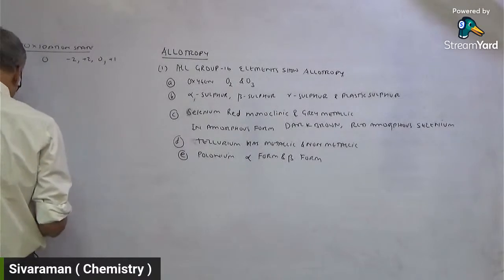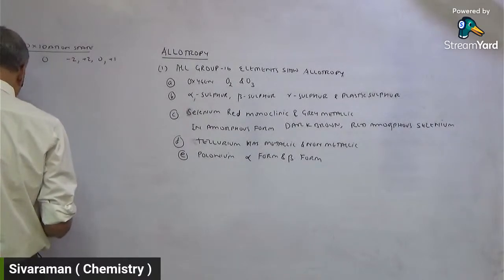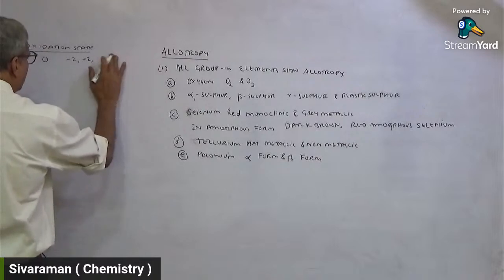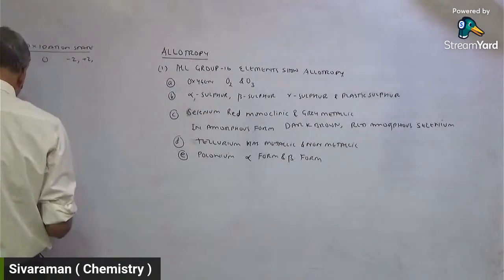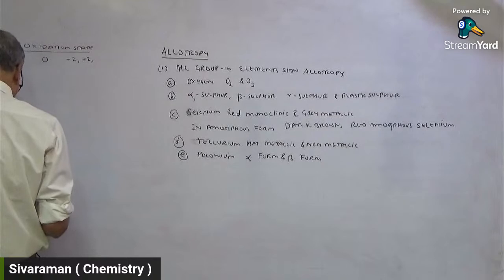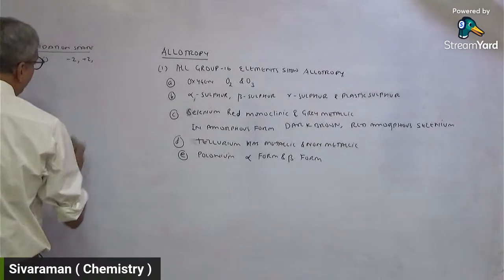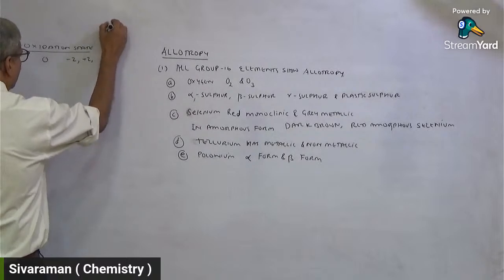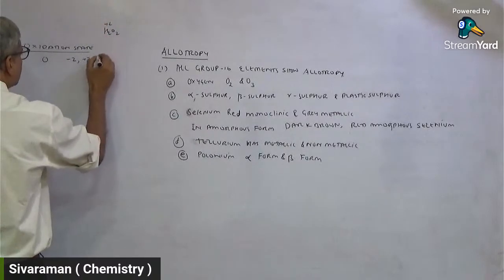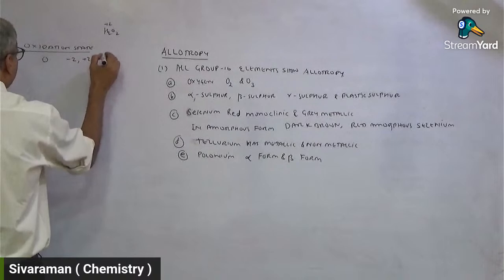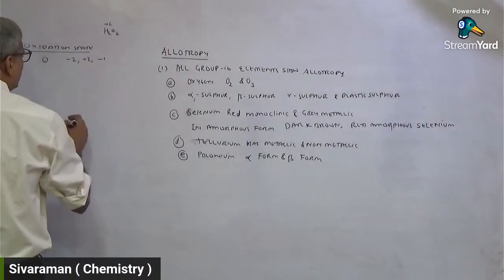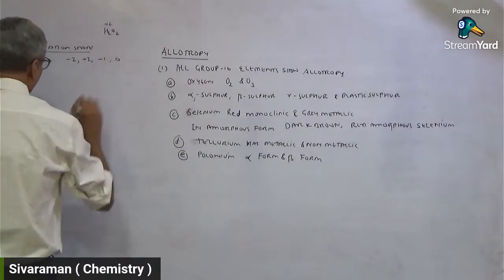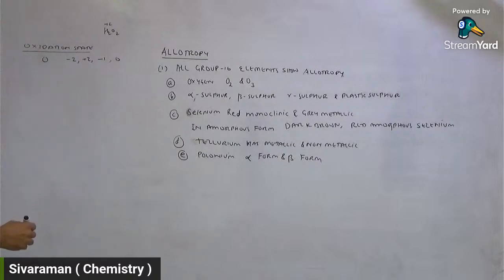It can show an oxidation state of generally +2 and -2, oxide. Now in case of peroxide, H2O2, it can show -1, and then 0, of course, 0 is elemental state, not a big deal.